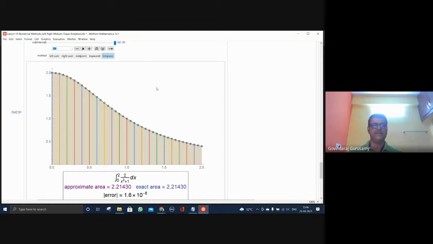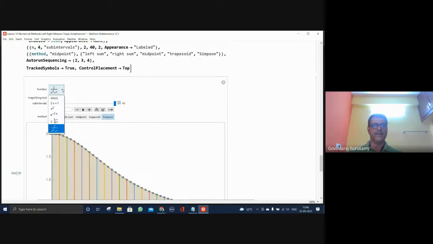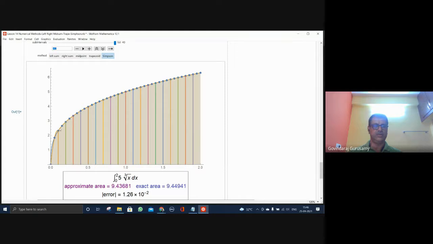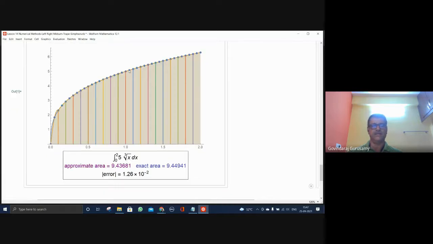But when it comes to variations like what is happening here, at the initial value it is very slow. Then it goes to an almost straight line path. Then the contribution of error in this region seems to be much higher compared to this region. So between the exact area and this area, this is the error.